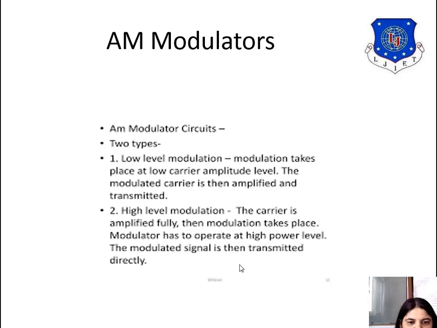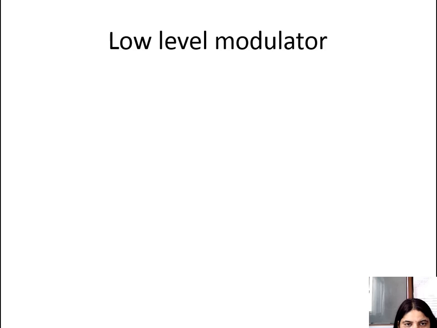Today in this video we will learn about the low level modulator: the single transistor emitter modulator that works for the low power level. We will discuss these two modulators in detail.